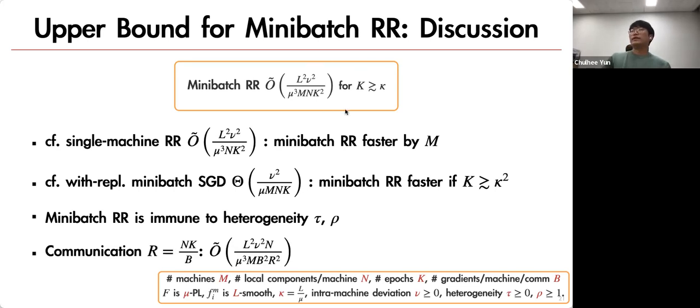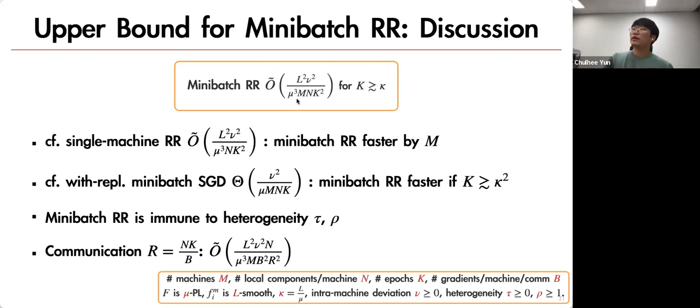And one might wonder why this bound doesn't have any dependence on the communication intervals or the minibatch size B, right? This is because we wrote the convergence rate in terms of the number of epochs.